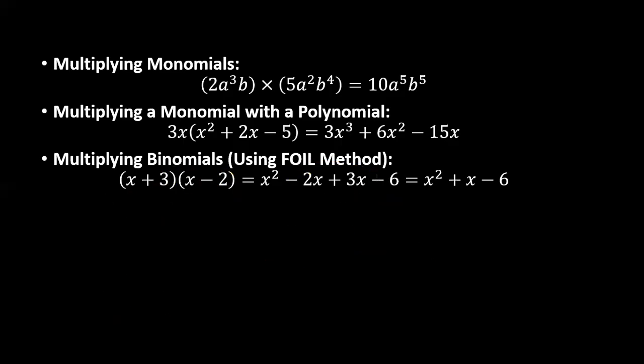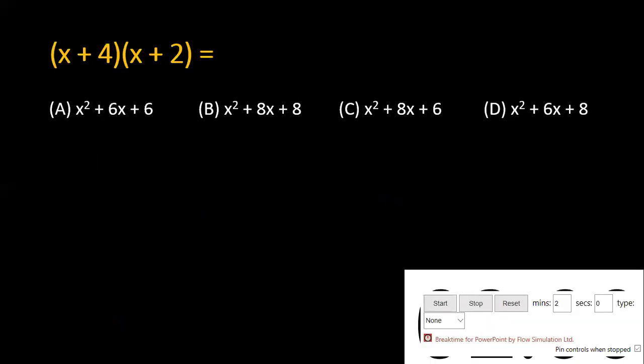Now, let me try solving a few more questions before giving some questions to you. Now here, let us say we are going to use the FOIL method for this. F means the first terms, x times x, which is x square. So I'll write it down over here, x square. O, which is nothing but the outer terms. So this and this are the outer terms.